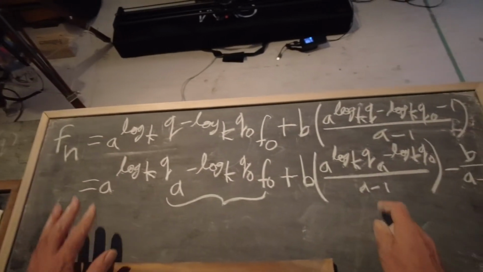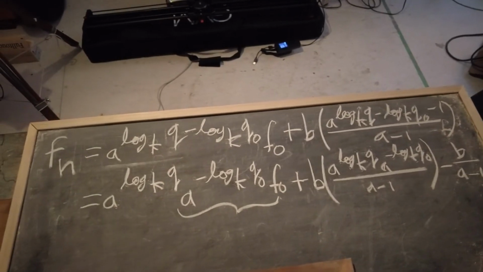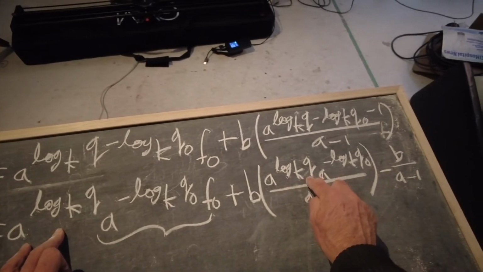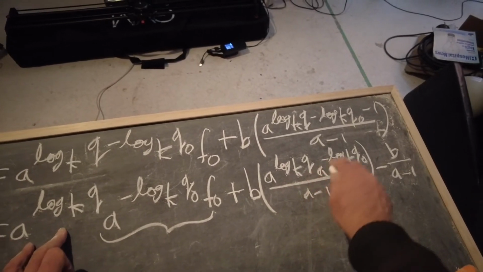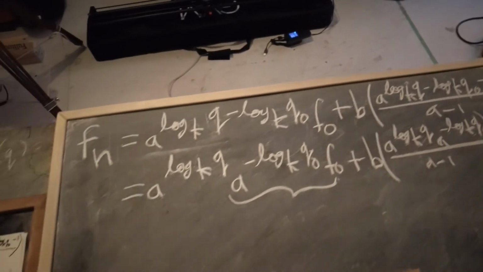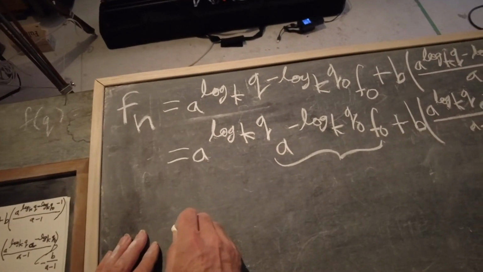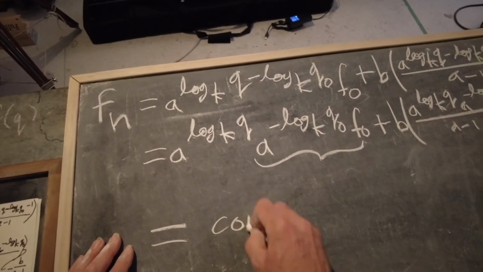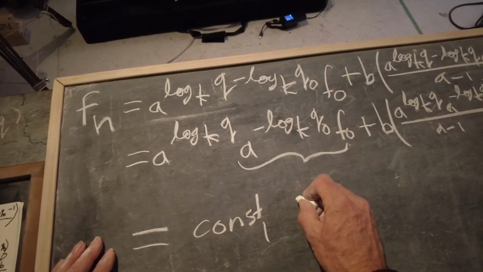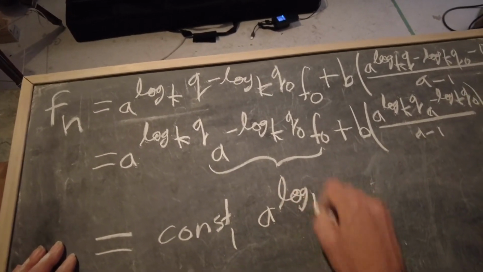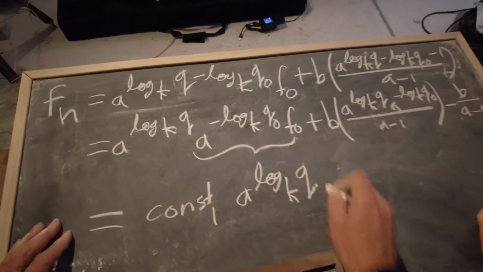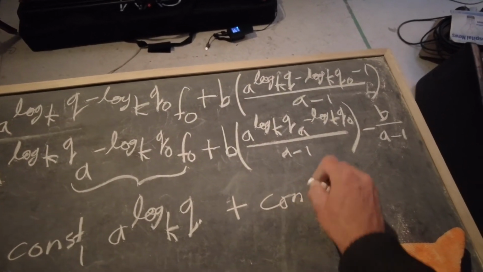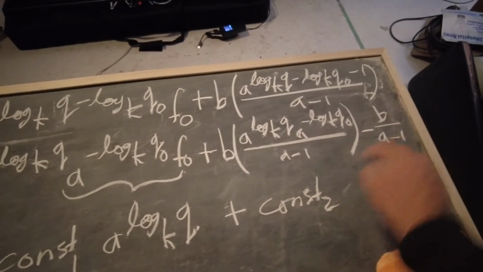And so you can see these terms are all a to the log k of q times some other constant, and so is this. So you can factor that out, and this is equal to some constant 1 times a to the log k of q plus some other constant 2.